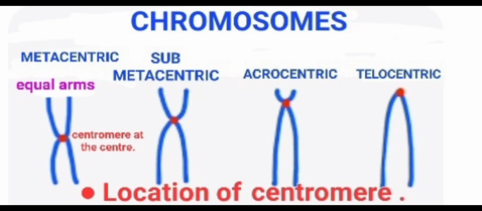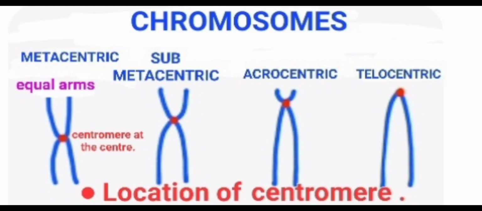So, according to the position of the centromere, chromosomes can be metacentric when its centromere is almost at its center, producing two equal arms, the P arm and the Q arm. But if the centromere is a little shifted away from the center, the chromosome is called submetacentric. So there are two unequal arms.